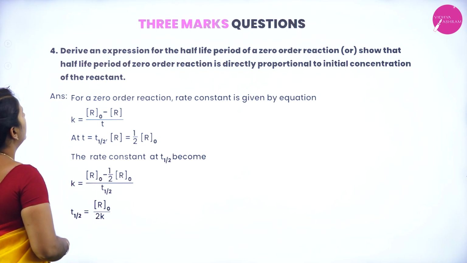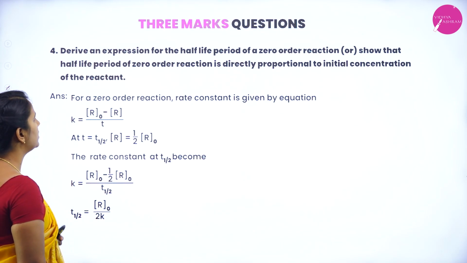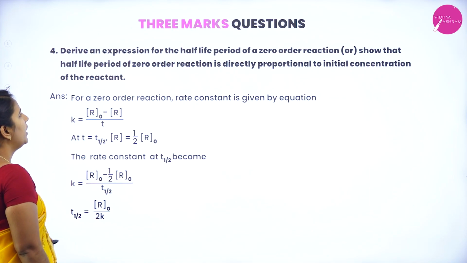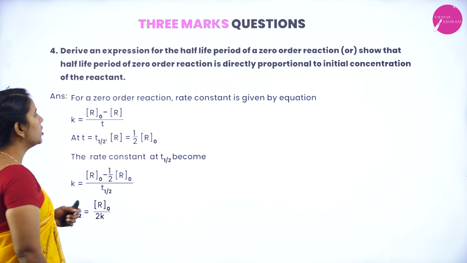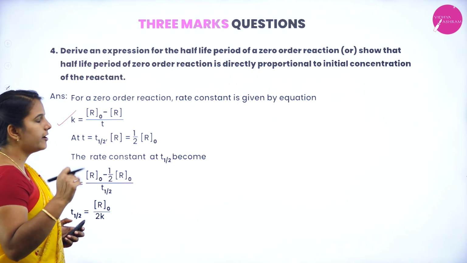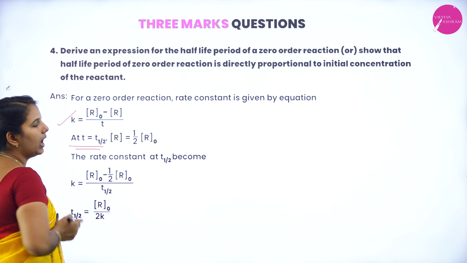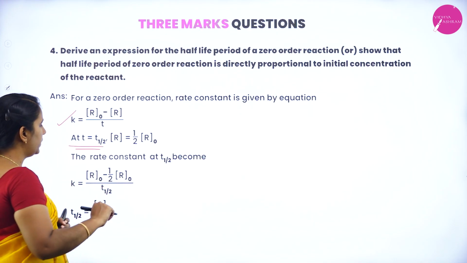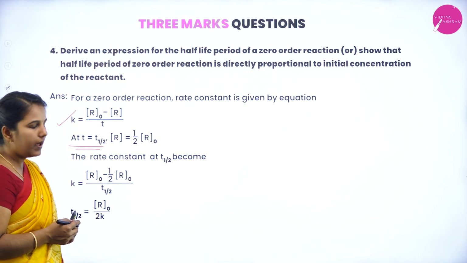Next, we have to derive an expression for the half-life of a zero-order reaction, or they can ask you like this: the half-life of a zero-order reaction is directly proportional to the initial concentration of the reactant. So, I'll consider the final integrated rate equation of the zero order. As I said, for the half-life period, T will be equal to T half and the concentration of R will be equal to R0 divided by 2.